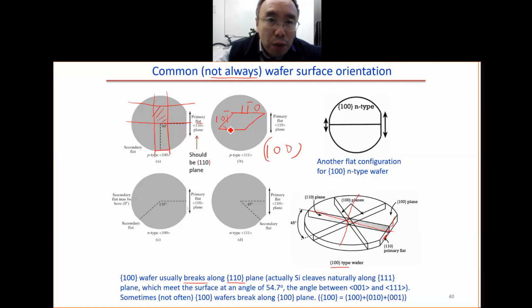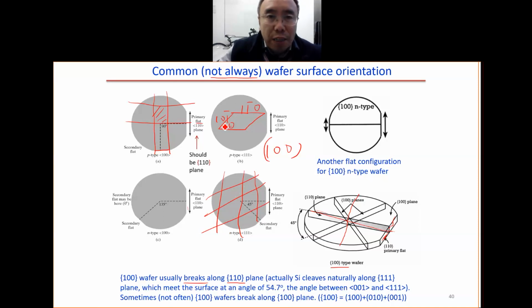What is this angle? Here you have 1 minus 1 0, 1 0 minus 1. So it breaks along this, not into a rectangular shape. It will be broken into this parallelogram shape.